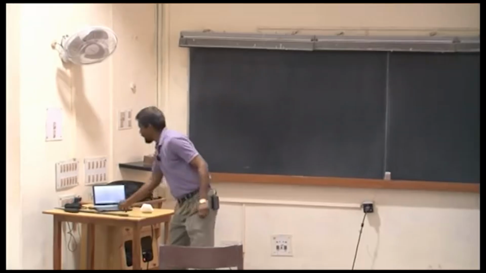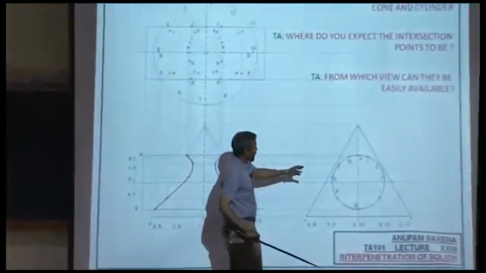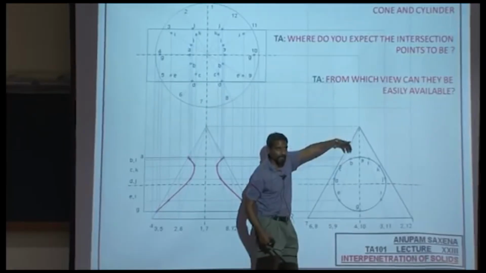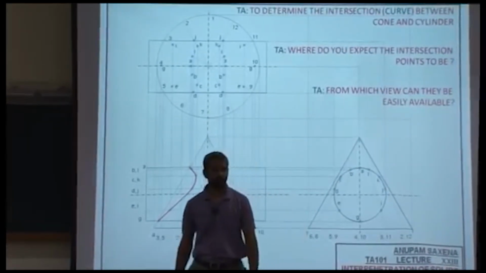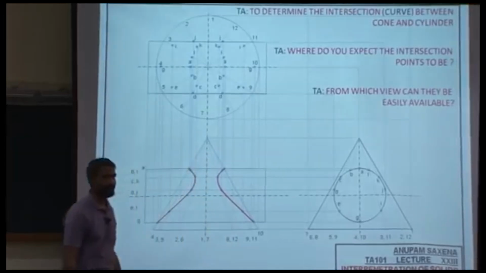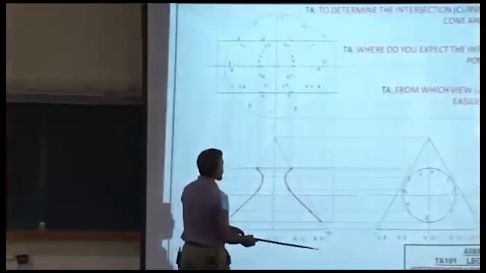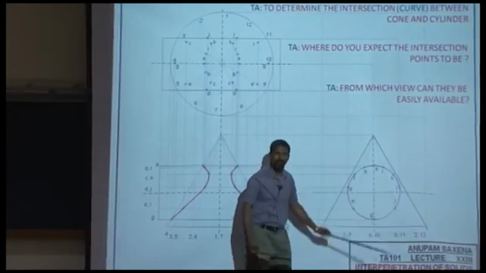Now, let's look at the profile view. If you're looking at the top of this assembly of the cone and the cylinder, which of these points are visible to you? All the points above this horizontal axis of the cylinder are going to be visible.